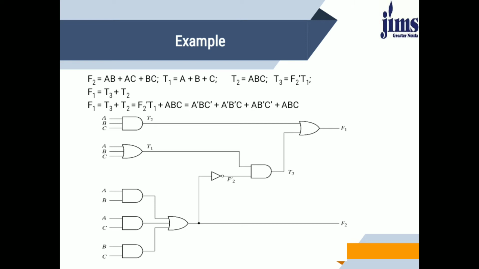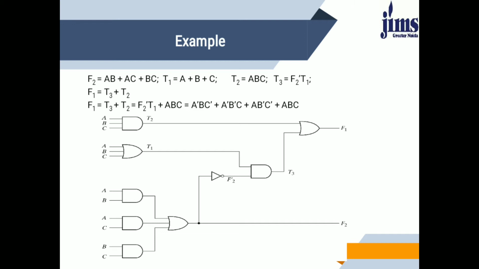Here F1, F2, F3 are the three outputs generated and the intermediate signals are T1 and T2. F1 is what? A dot B dot C, so simply you can write ABC plus, because an OR gate is here. Another input is T3, and T3 is the AND of T1 and F2 bar.